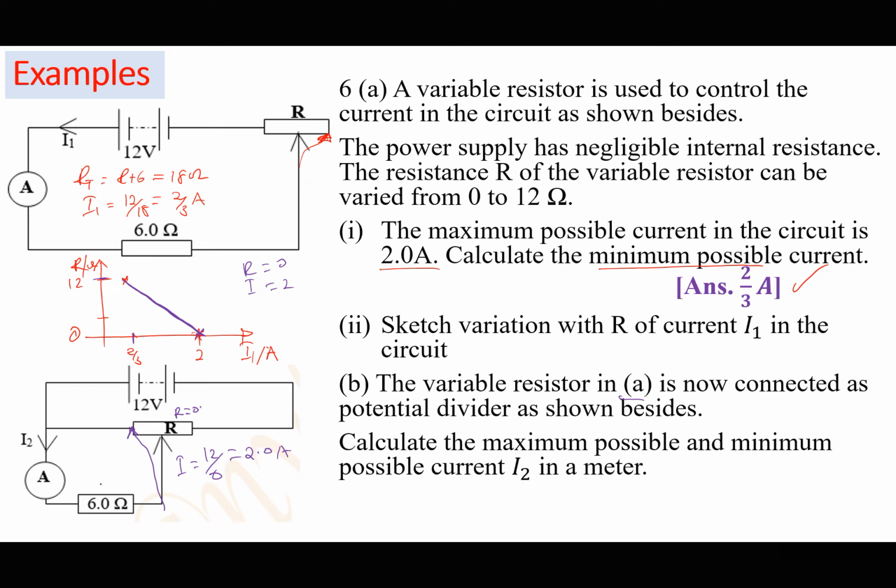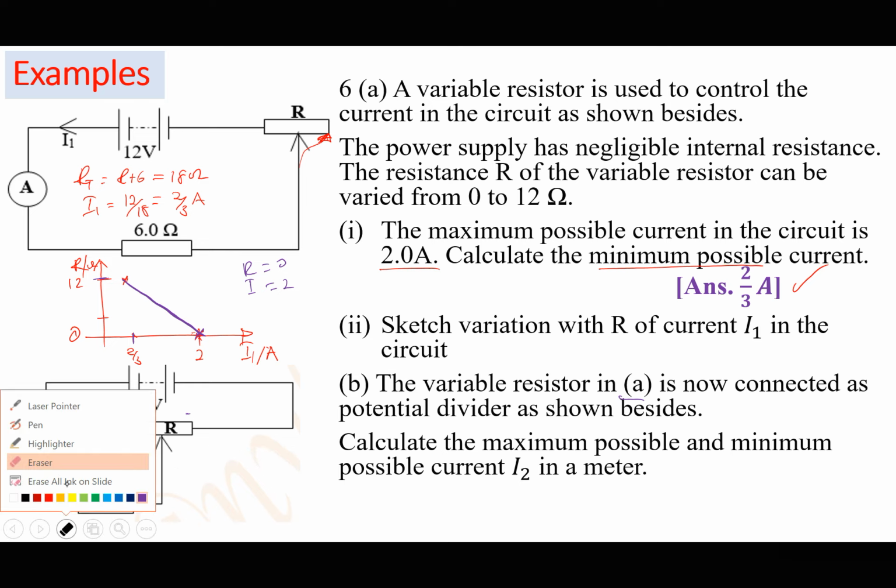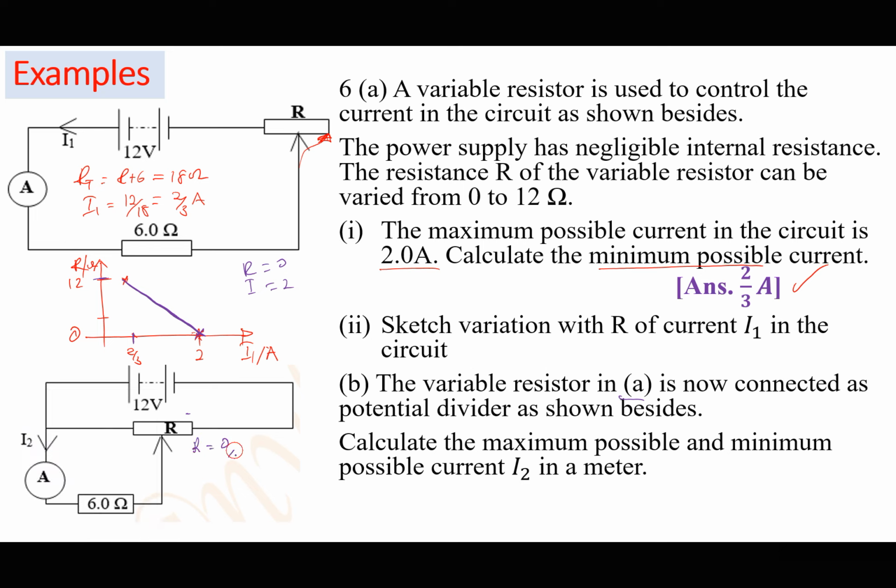Sorry, I think I made a mistake here. When we cause a short circuit here, when R is equal to 0, remember these are supposed to be in parallel. So let me just change this, because we're not moving the sliding contact, but we are just changing the value of R. So if R equals 0, it means the PD across R is 0.